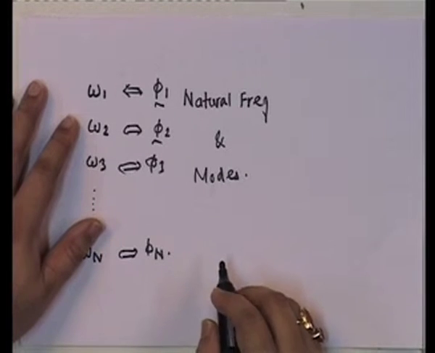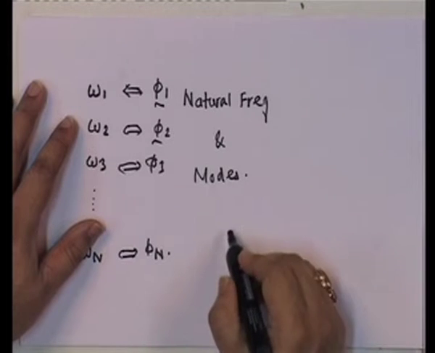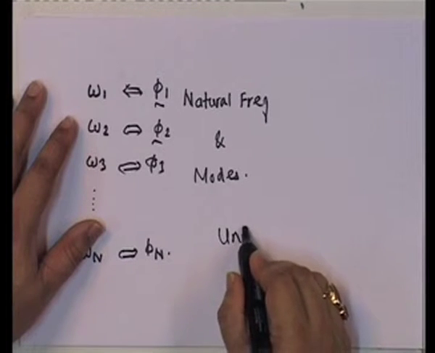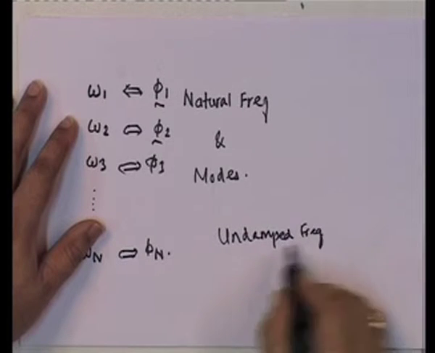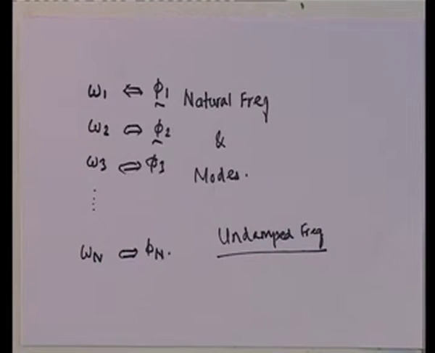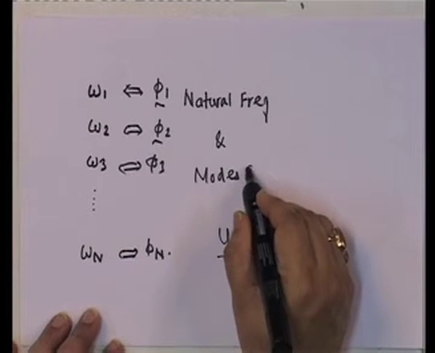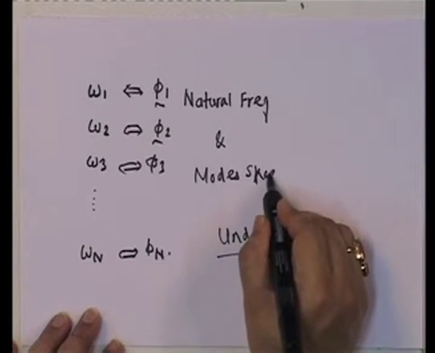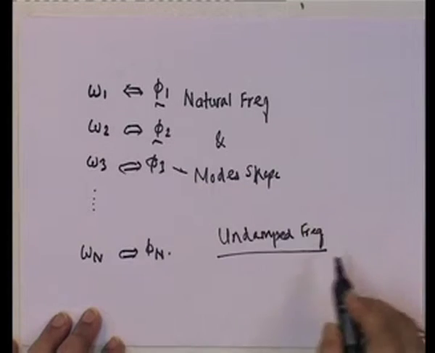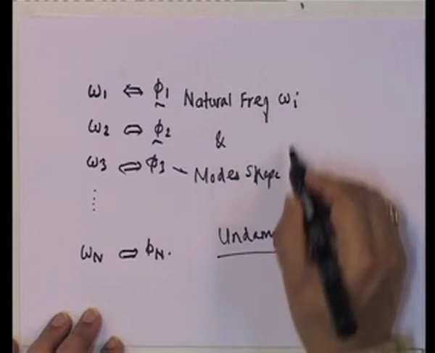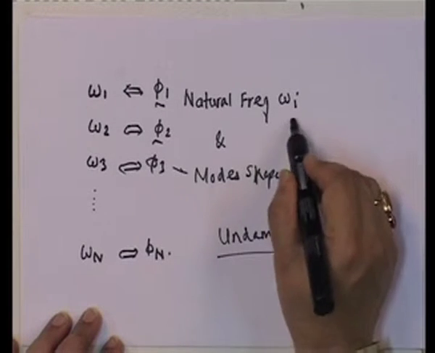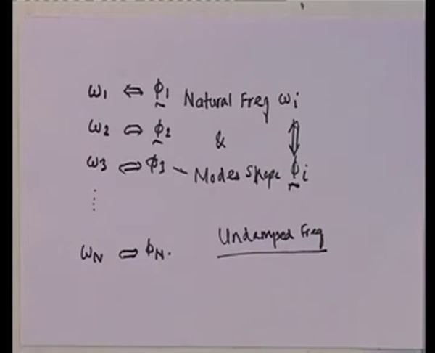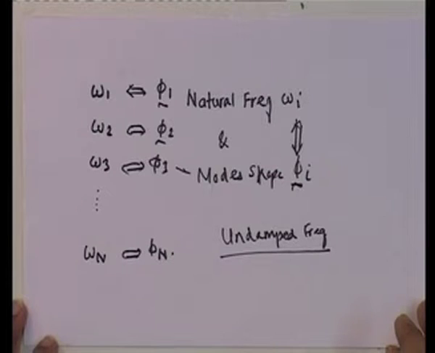Now, it is obvious we have not stated it, and that is that these are automatically undamped frequencies, okay? Mode shapes, these are the mode shapes, okay? Natural frequency omega i and the corresponding mode shape. Now, these are undamped frequencies, okay?